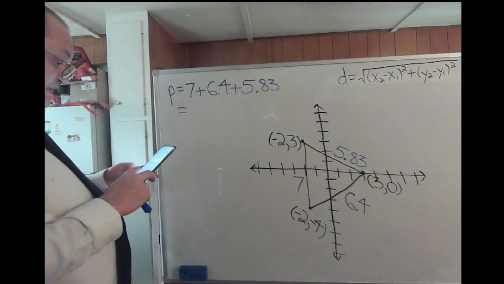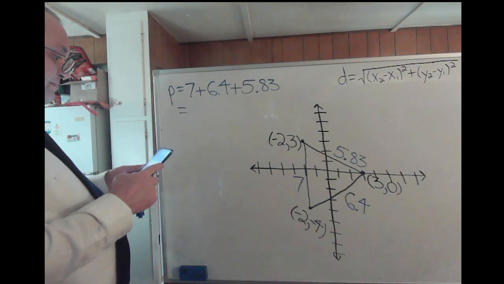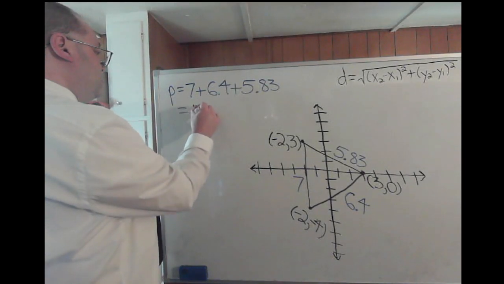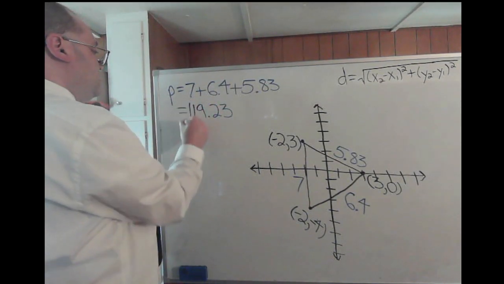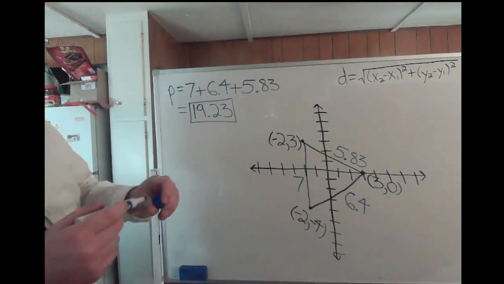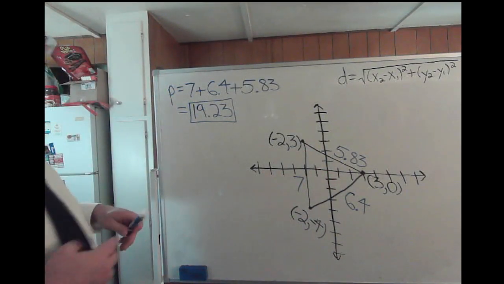So the perimeter of this triangle is roughly 19.23 units. That's exactly what you get for the perimeter.